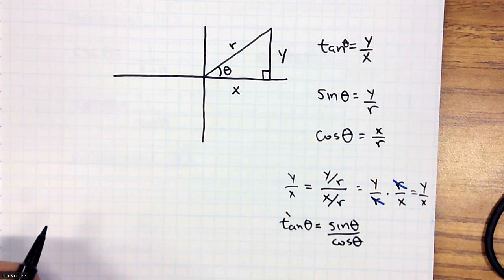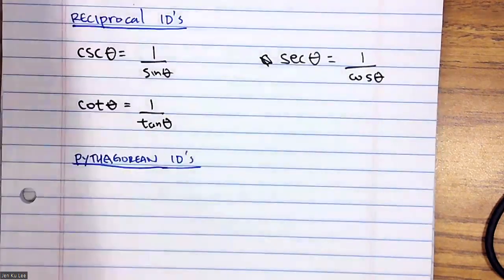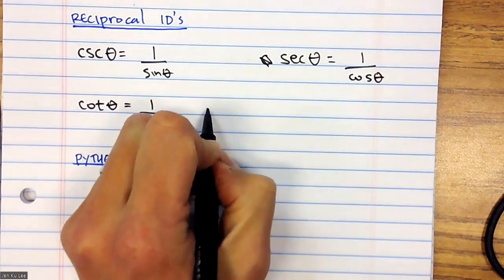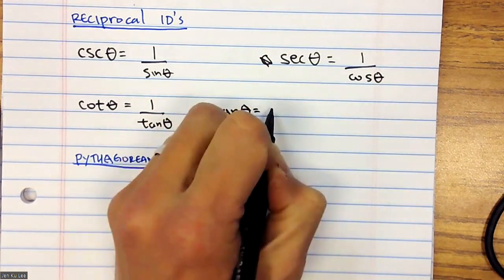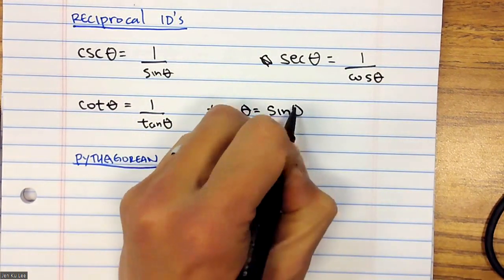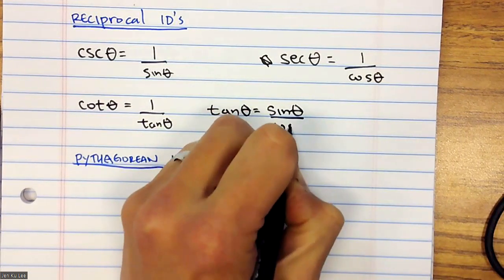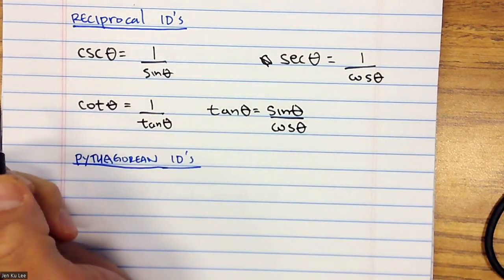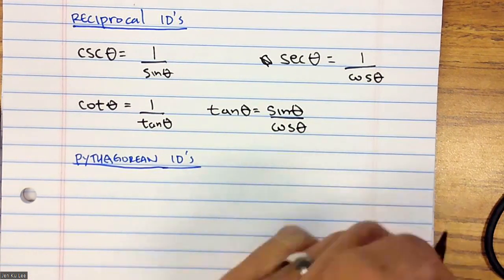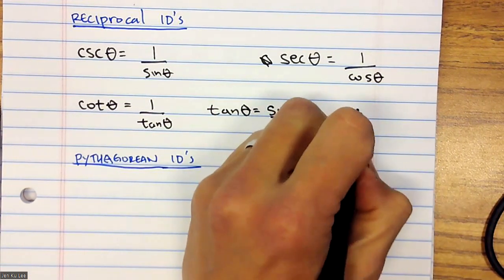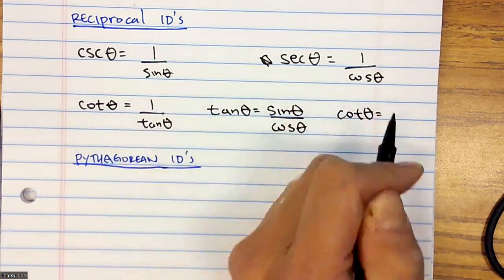That's one of my trig identities as well. So tangent of theta equals sine of theta over cosine of theta.